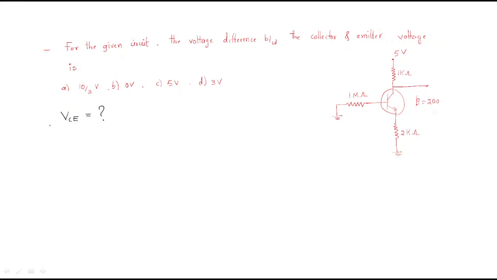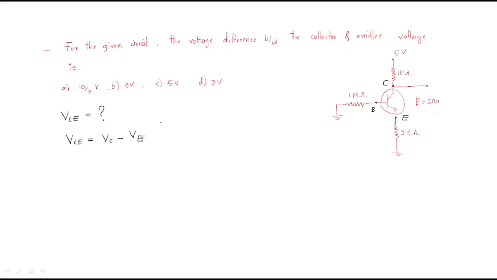First observe the diagram. Here this is the collector point, this is the base point, and it has an arrow symbol, that's why it is the emitter point. VCE means the voltage difference between collector and emitter. That means VCE is nothing but VC minus VE, the drop between this point and this point.